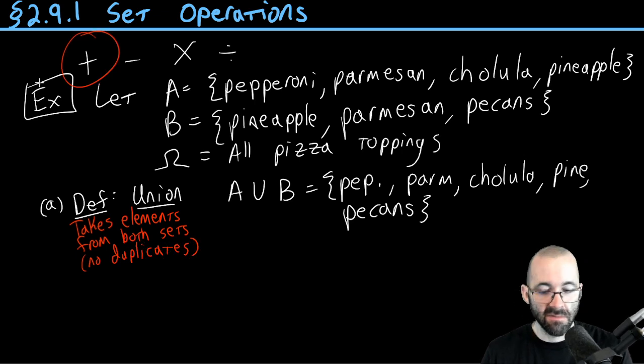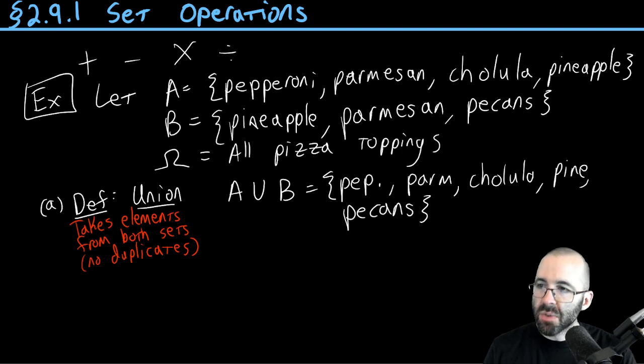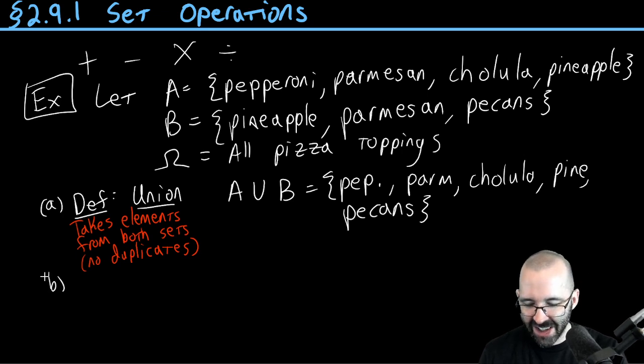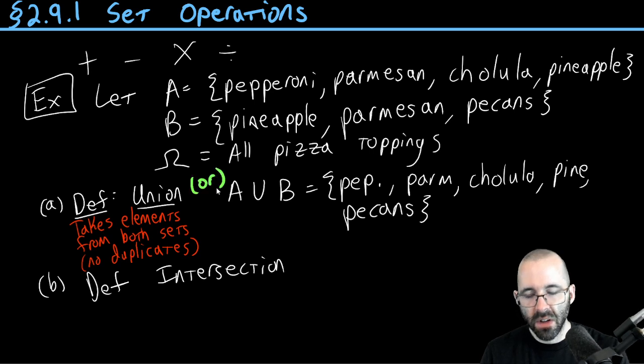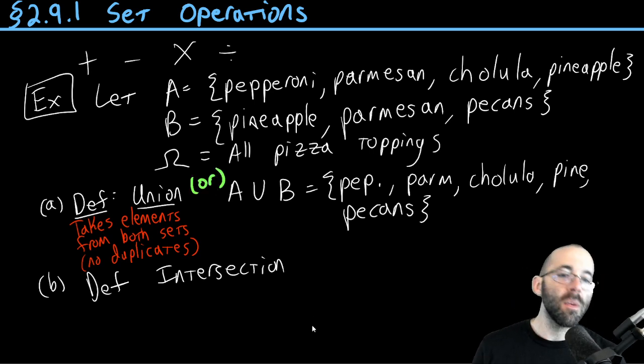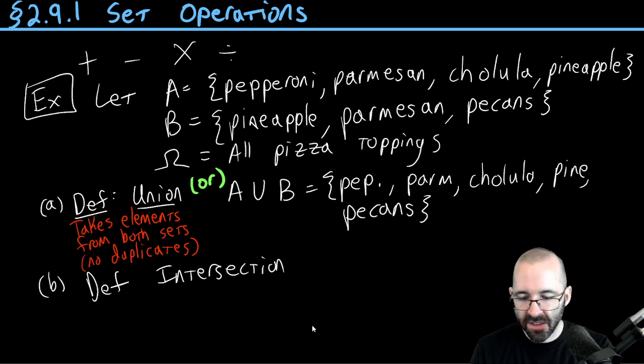That's basically addition. The next one, let's talk about intersection, which is actually not really like subtraction, but intersection. A good way to think of union also, and I should have maybe written this down, union is like the word or. We need everything from one set or the other set.